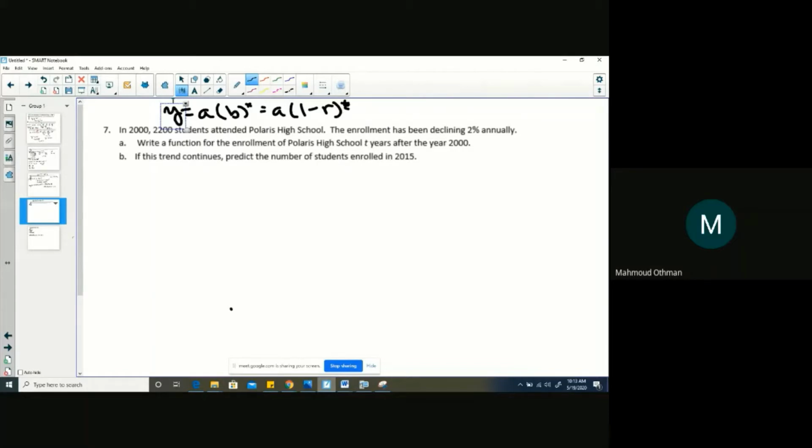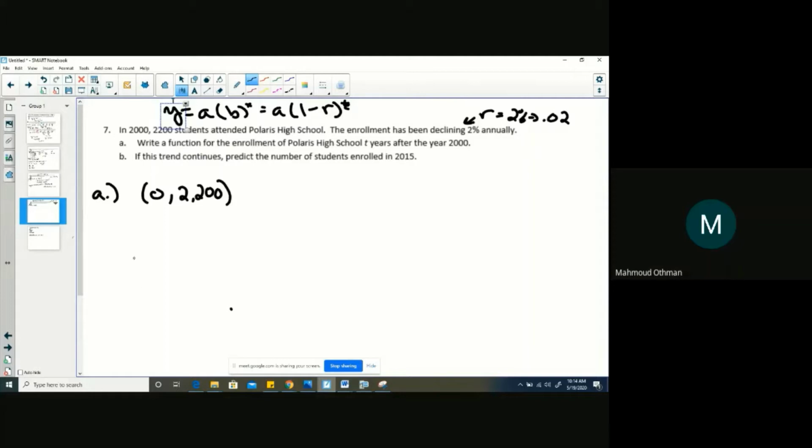I know that my starting value, because we start in the year 2000, is going to be 2,200. So I know I have 0, comma, 2,200. I know that my rate, or my r value, this is my r, which 2% becomes 0.02. You got to change it from a percent to a decimal.